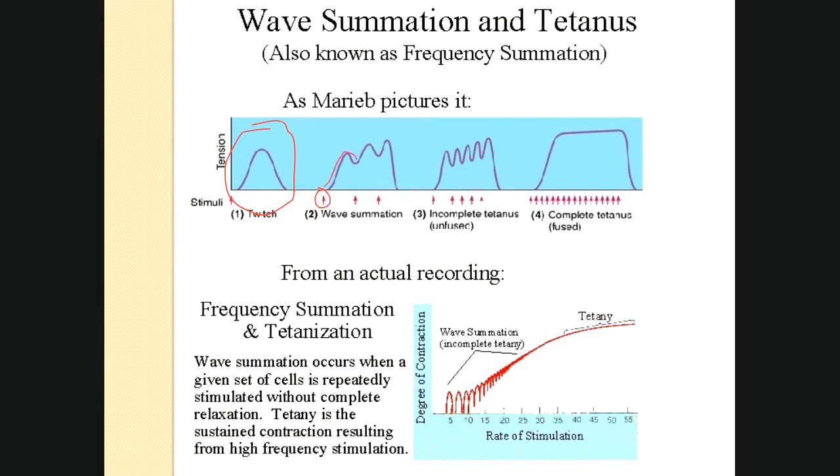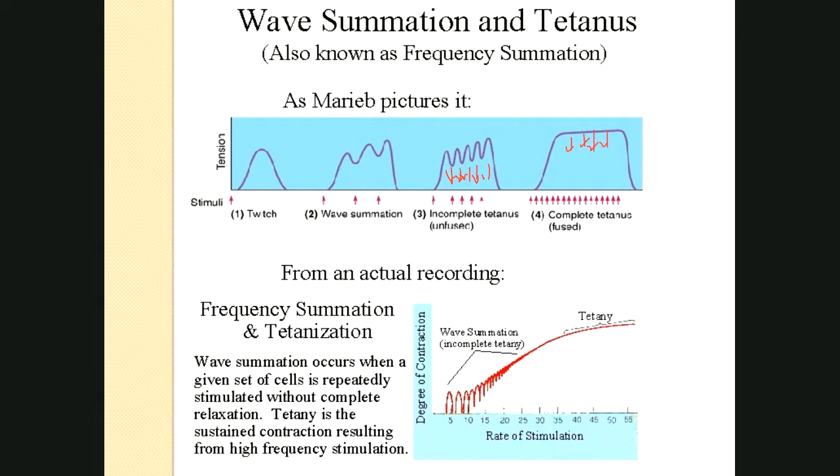But before it came back down, we gave it another action potential and we're going to get another contraction. And before we give it another one. And so what we're going to get is these action potentials, as they speed up, we're going to get less and less time to relax. Look, there's hardly any time to relax until eventually there's zero time to relax.